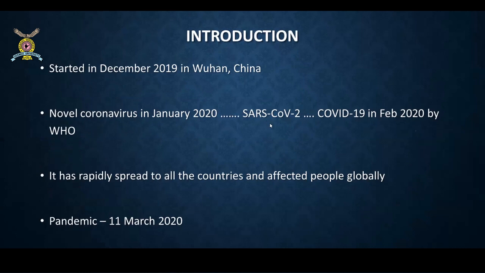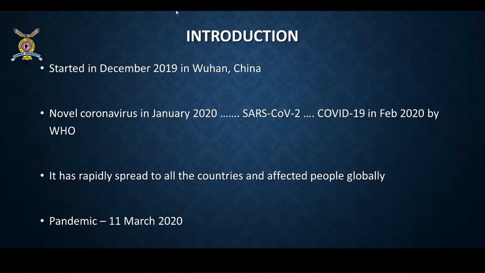And finally, the World Health Organization in February 2020 named the disease coronavirus disease 19. It has rapidly spread to all the countries and affected people globally. And hence the WHO declared this disease a pandemic on 11th March 2020.